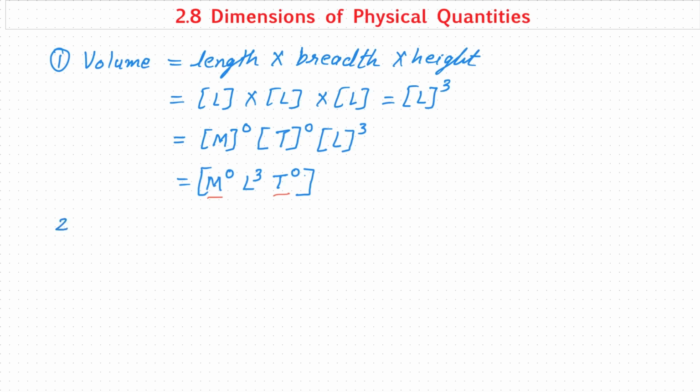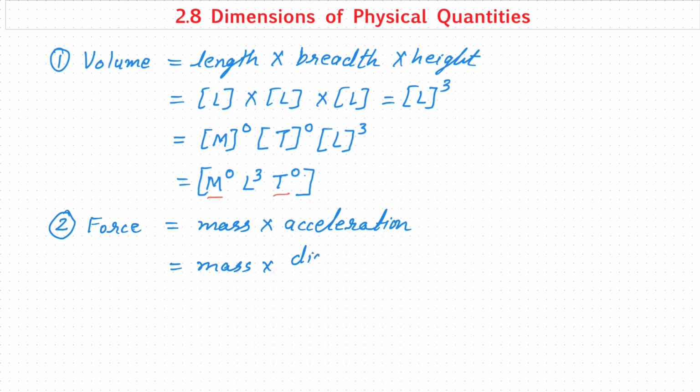Now let us see another example, that is force. Force is mass into acceleration. This acceleration can be written as, you might know the equation, distance upon time square. Now let us put the dimensions. The dimension of mass is M1.